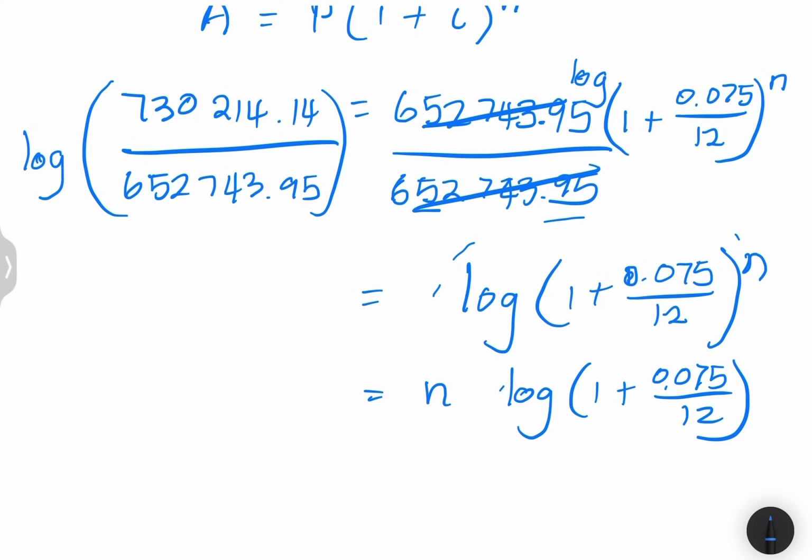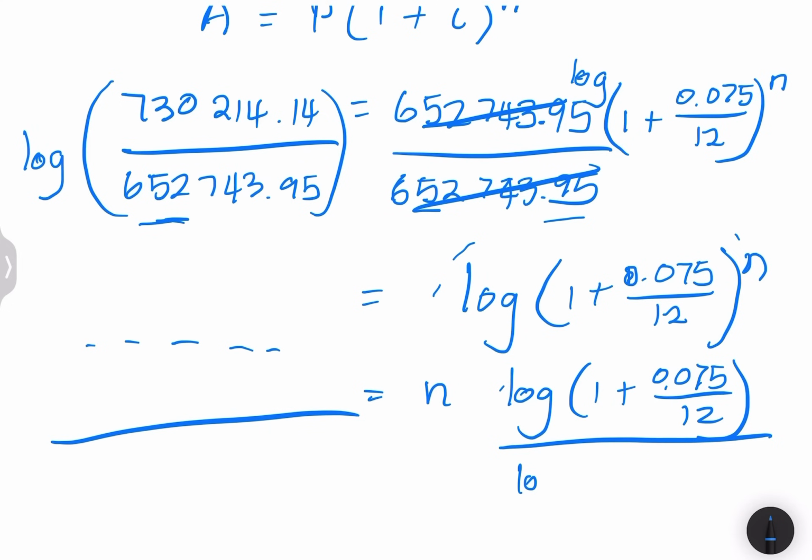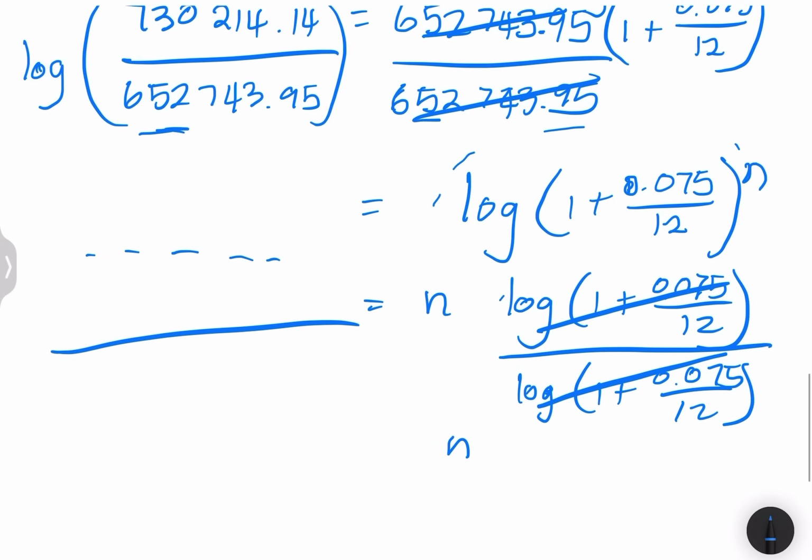Now we can divide by that whole thing on the left-hand side, but I can do the same. I'm going to take that whole thing there and divide by the same log of 1 plus 0.075. And please try to avoid writing a whole lot of things, lest you make an error. I'm just trying to show you how we're going to do that mathematically, but you don't necessarily need to write it down.